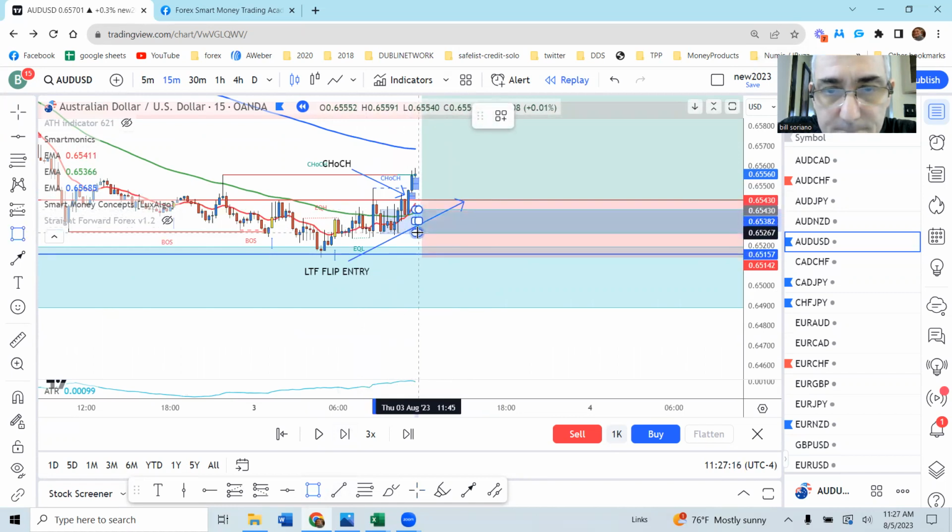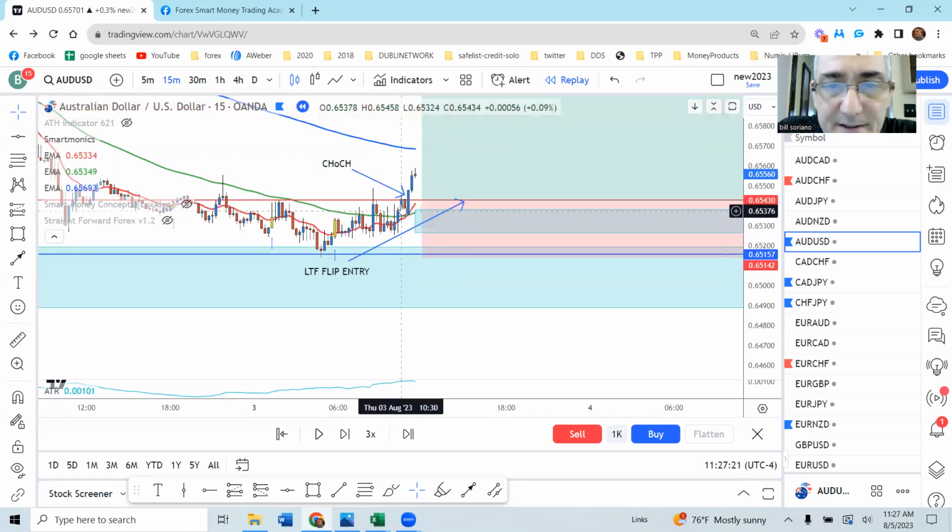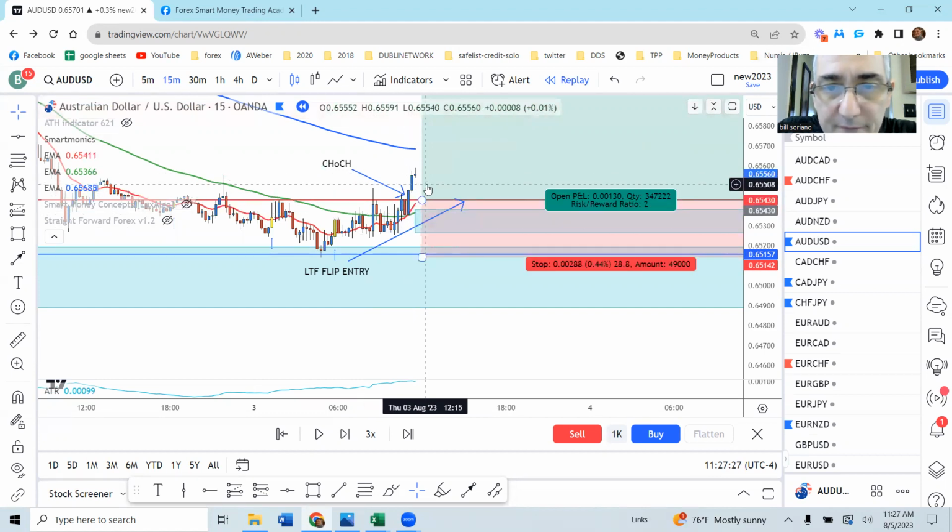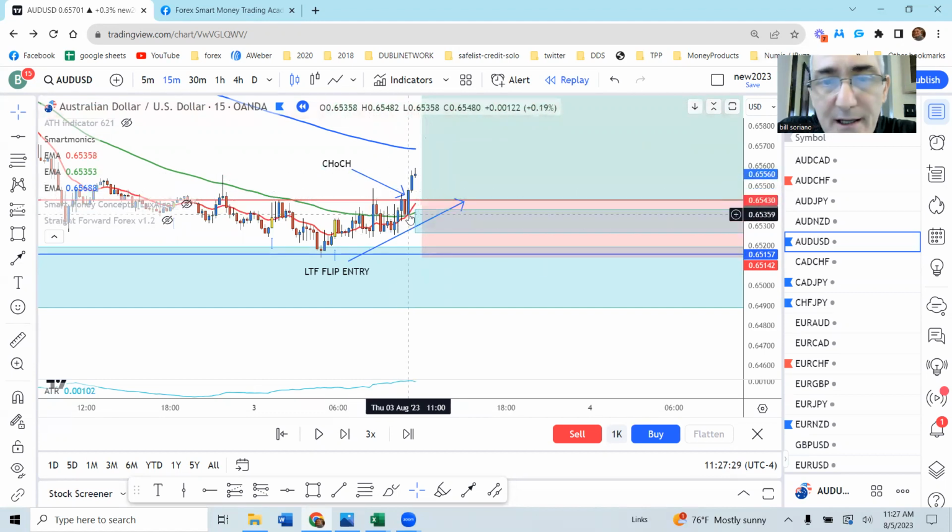Now, me personally, I like this red candle right here because this is the last down candle before the up move that causes that break of structure. And there's also a lot of imbalance here. So for me, I set my buy limit right there.